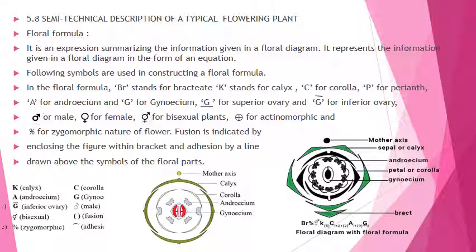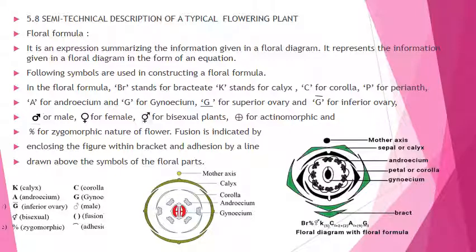Then another sign for the male and the female, which is just before you. And if a flower is bisexual, that means if a flower contains androecium and gynoecium both in one flower, then it is called a bisexual flower. So it is represented by this symbol, right? And for actinomorphic, the sign is shown, and the percentage sign shows the zygomorphic nature of the flower.